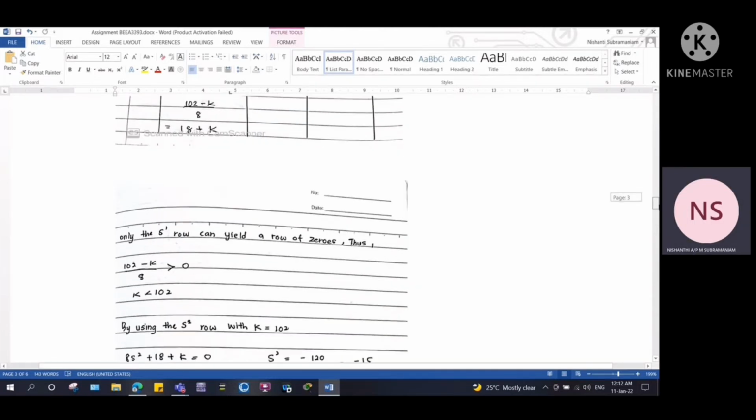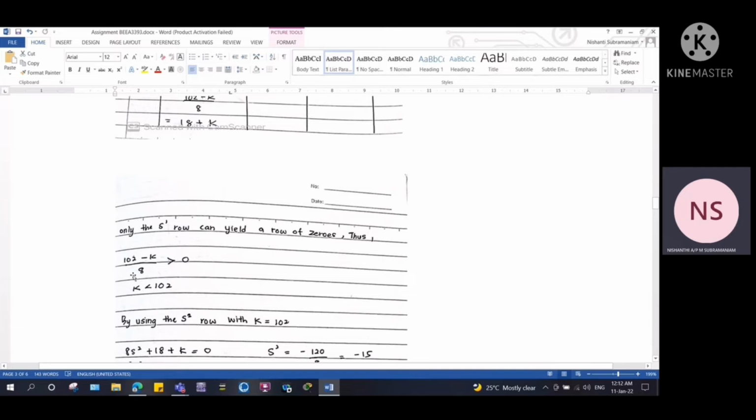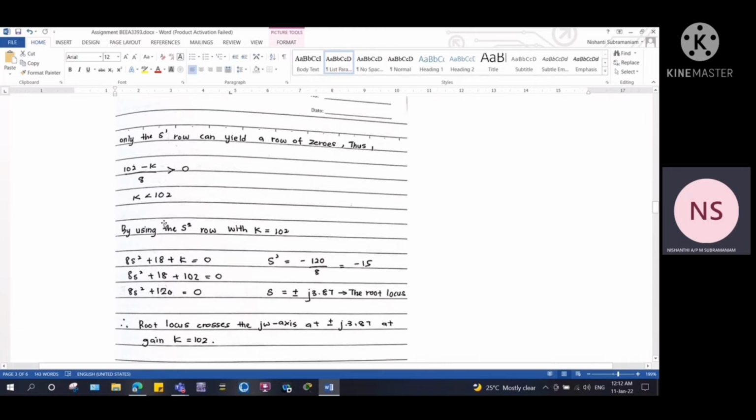After that, we do this part, 102 minus K over 8, because from the s1 row, K is smaller than 102. Then we take the s2 row with K equal to 102. From the equation, we substitute K as 102 into the equation.